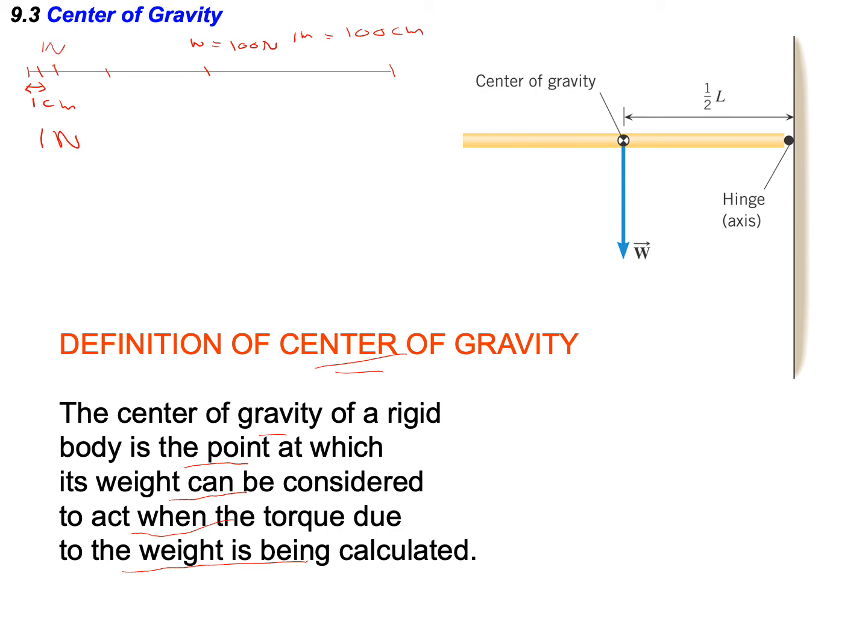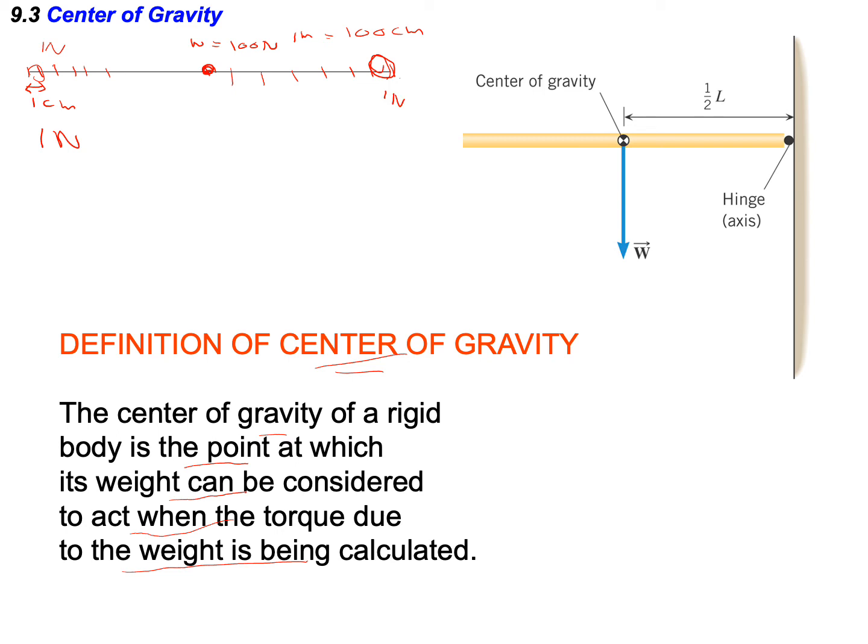So 100 centimeters, each 1 newton, but because of the uniformity and symmetry, if you have one centimeter here and another centimeter here, each contributes 1 newton.